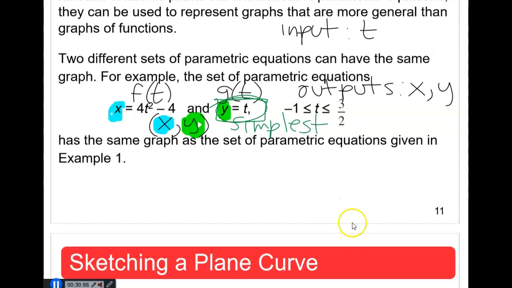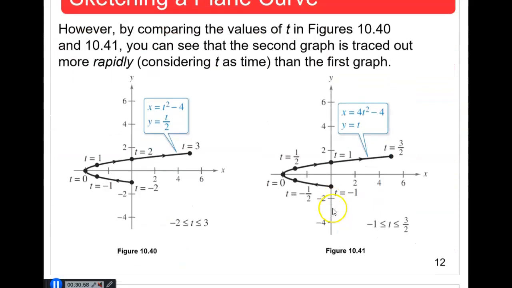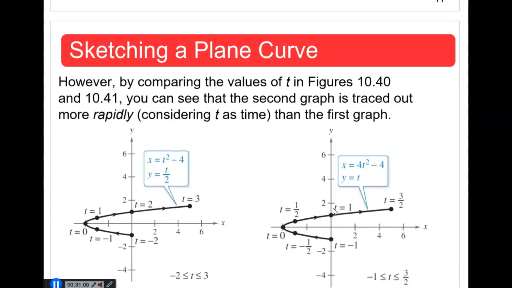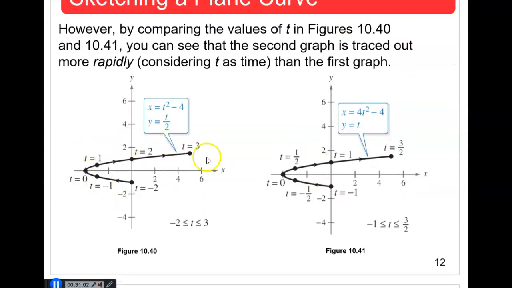And here we have the two graphs after calculating all the points. You can see it's the same shape, and it does have the same direction because we have the arrows pointing in the same direction, as you see here.